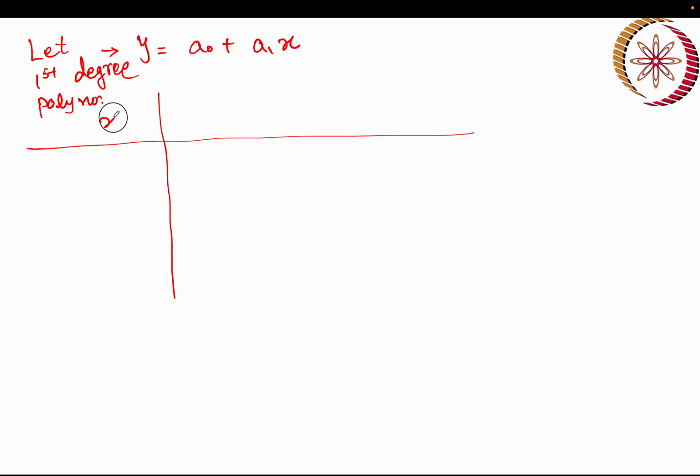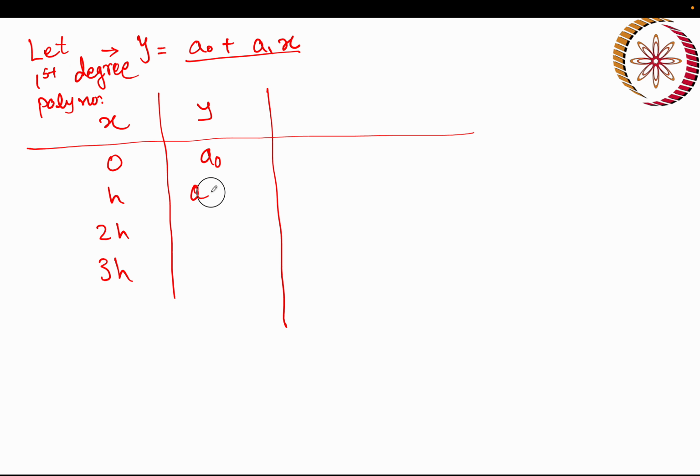Okay, so x and y values: let's say x equal to 0, then h, 2h, 3h, and if we find the y values, they will be a0, then if we substitute this, it will be a0 plus a1h, a0 plus a1 2h, a0 plus 3 a1h. Then if we find out the forward difference, which we already saw, at nth location it will be yn plus 1 minus yn.